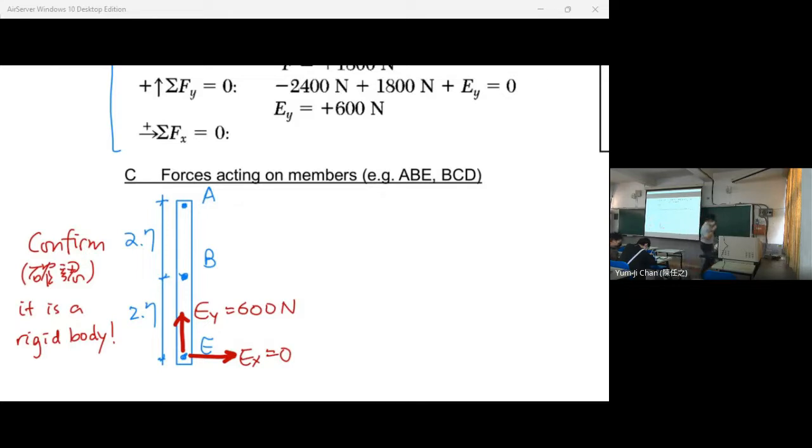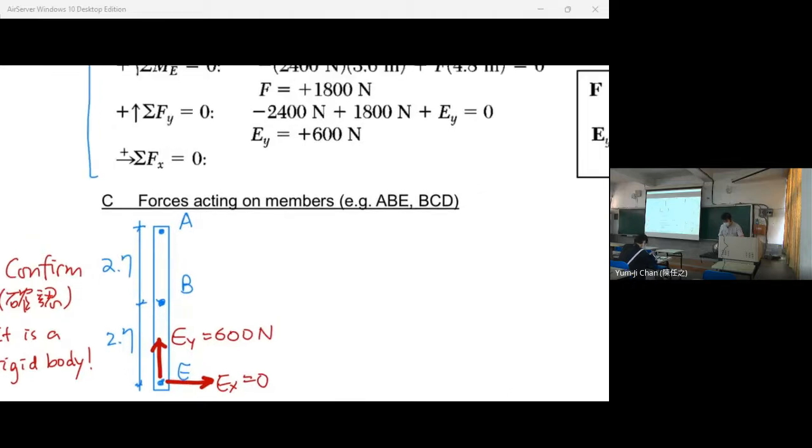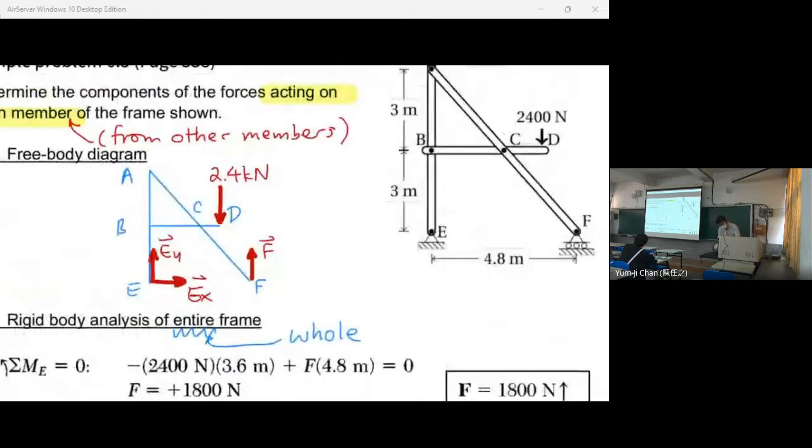Sorry, I marked the figures wrongly. So please, sorry, it should be 2.7 meters. Here I forgot why I wrote them as 3 meters. So please correct this for me.